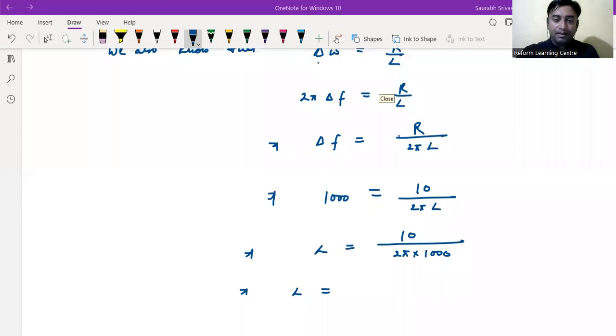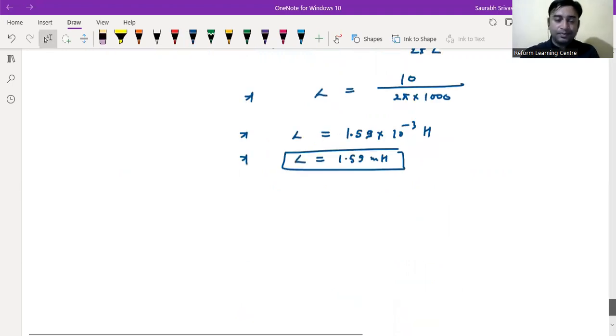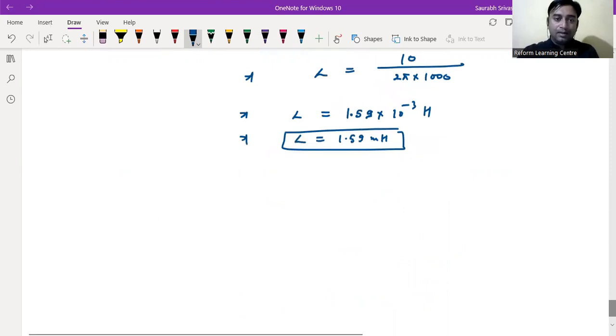1.59 millihenry. इसका वैल्यू 1.59 आएगा. 1.59 into 10 to the power minus 3 Henry, or L is equal to 1.59 millihenry. From third property, we can calculate C also. What is F naught? 1 upon under root LC.